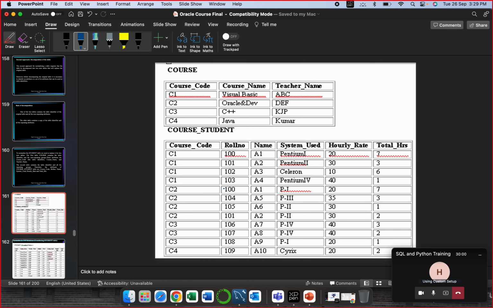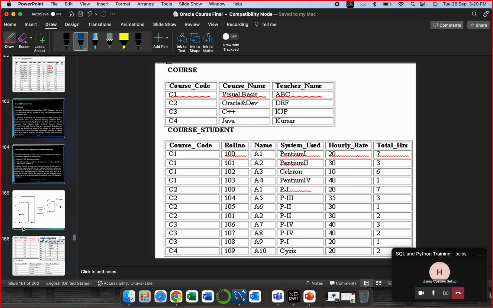So let's say this is the table that we have after the second normal form: course code, roll number, name, system used, hourly rate, and total hours.